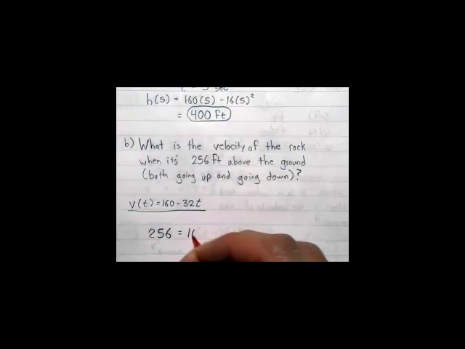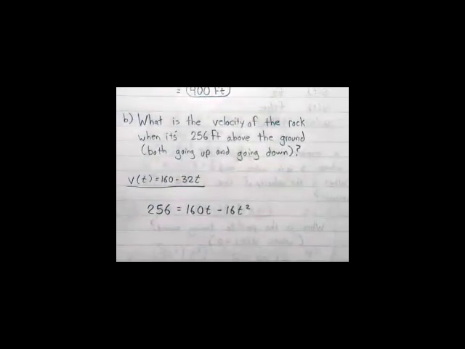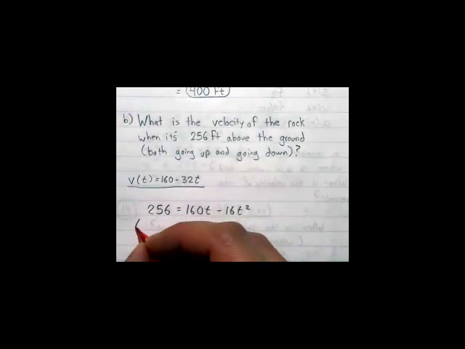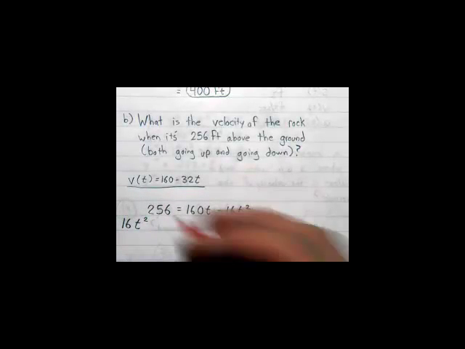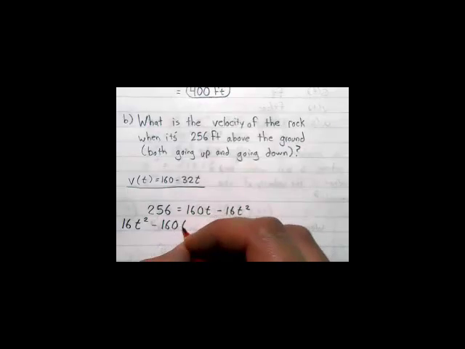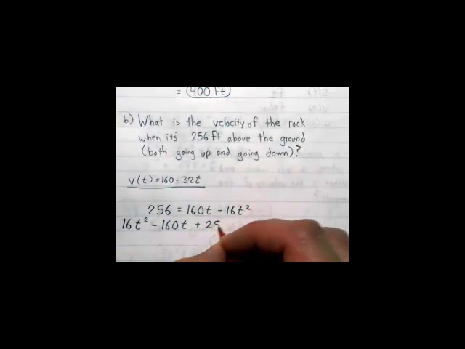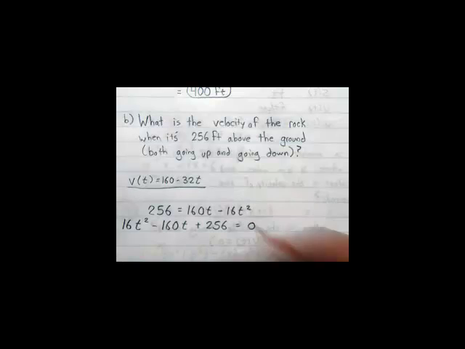256 equals 160t minus 16t squared. I want to know what is t when the height is 256. So I got to go with this. Now this is a quadratic, and I can add this term, subtract that term. Do some shuffling around here, so I've got 16t squared minus 160t plus 256 equals 0.